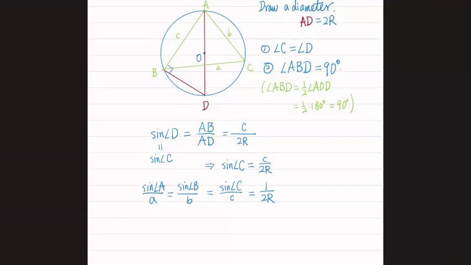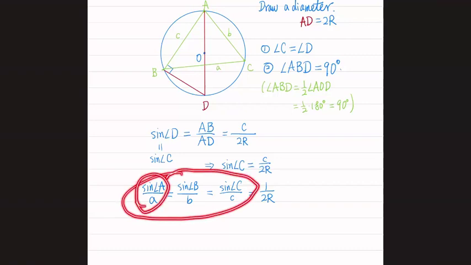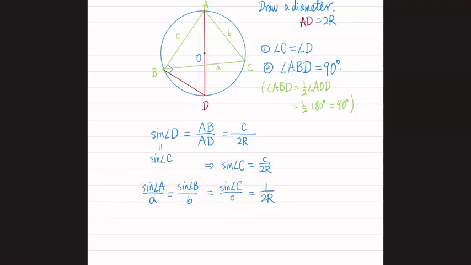Okay, previously we learned the law of sines. All three ratios are the same. Now we know what this ratio is. It's 1 over the diameter of the circumcircle.